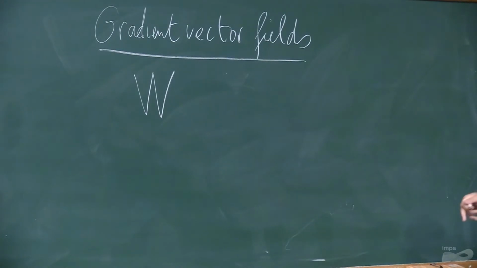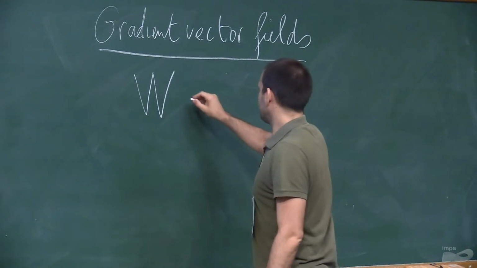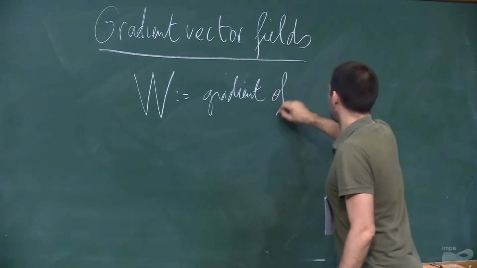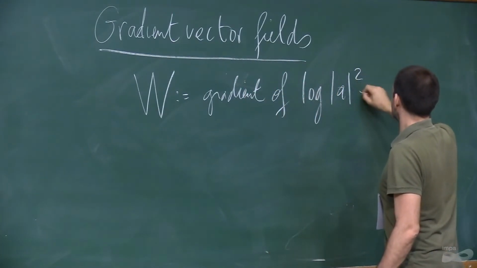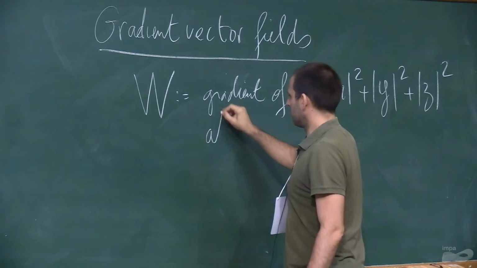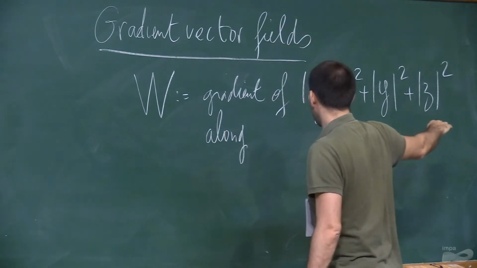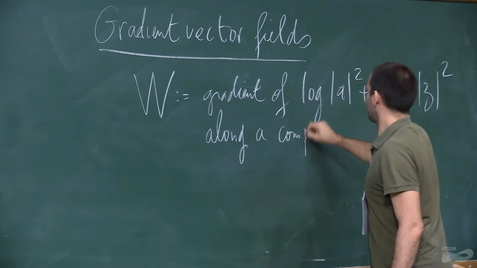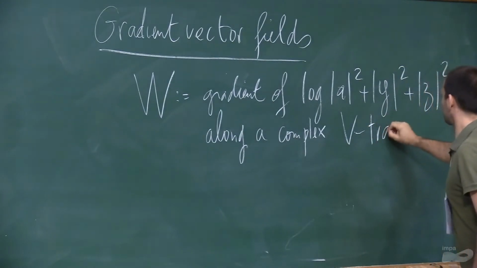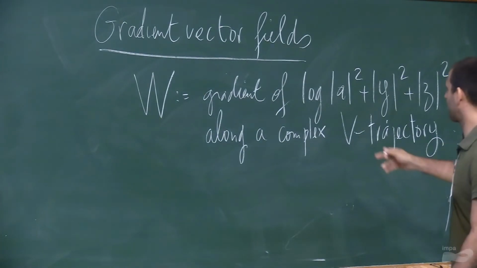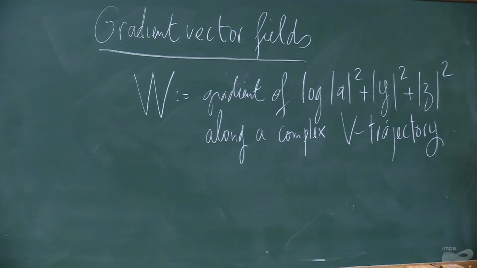So they will descend to vector fields on P2, and the field is defined as the gradient of the function f along, so not the whole gradient, but you restrict the function f along a solution, a V trajectory. And you take the gradient of this restriction.